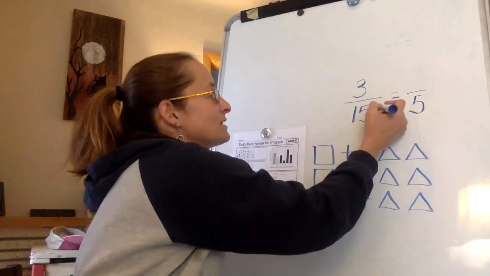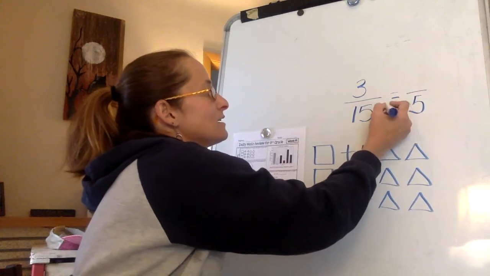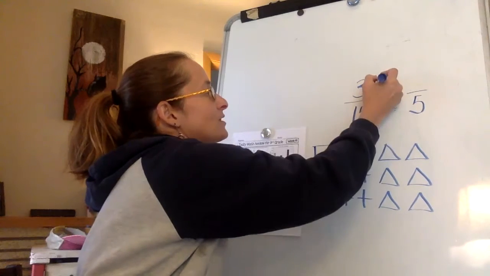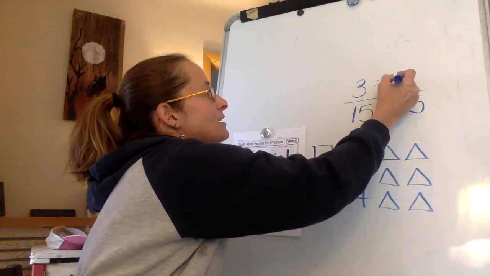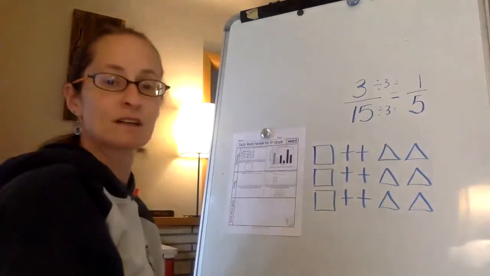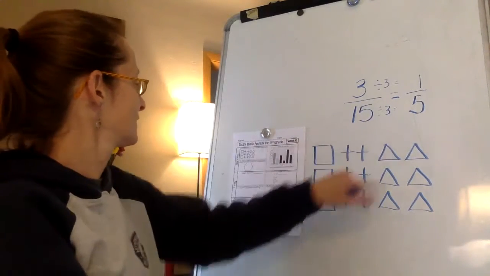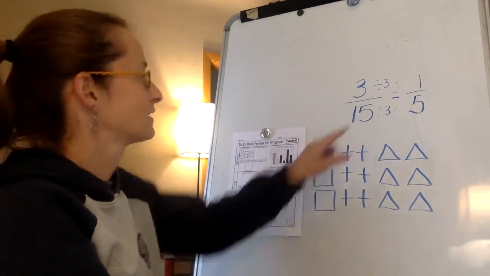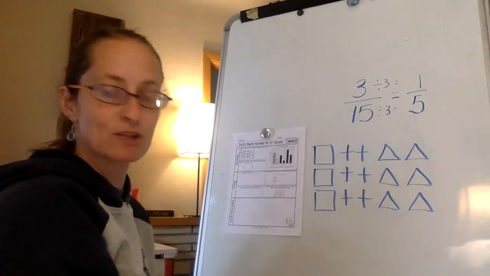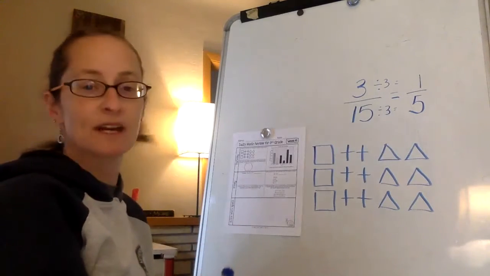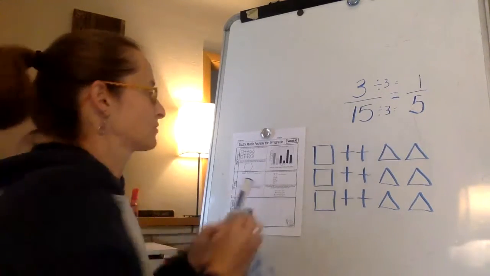Remember we did this a while back. 15 divided by 3 equals 5. And you need to do the same thing to the top, and you will get 1/5. 3 out of the 15, or 1/5. So that one was a little bit tricky. I'm glad that I had a chance to go ahead and do that with you.